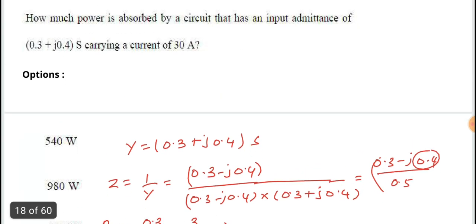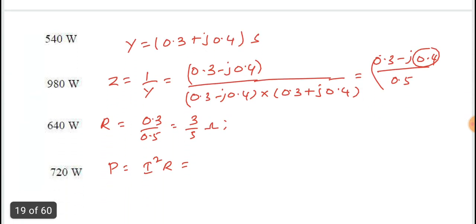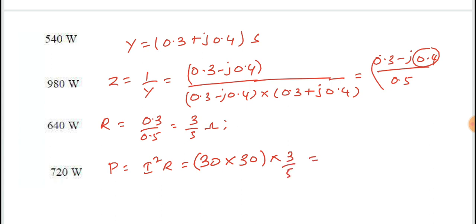I value is given as 30 amperes. So 30 into 30 as I squared, into the resistance value 3 by 5. If you solve this, you will get the answer as 540 watts. So that is the right answer.